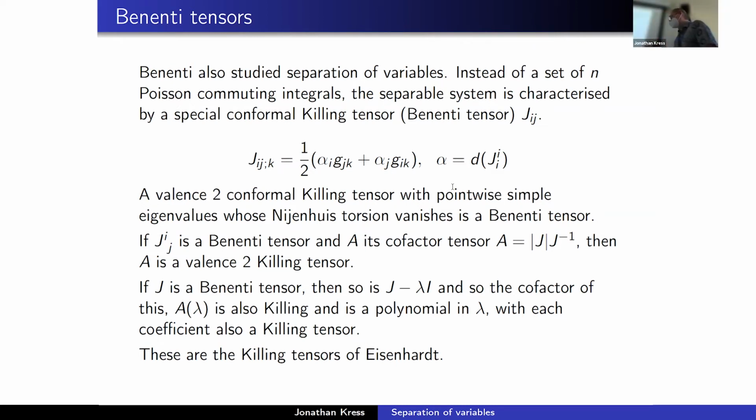That linear map has a cofactor. This is just linear algebra, the cofactor matrix, if you like. That turns out to be a Killing tensor. There are various different words that all sound the same here: special conformal Killing tensor, conformal Killing tensor, and Killing tensor. They're all closely related.